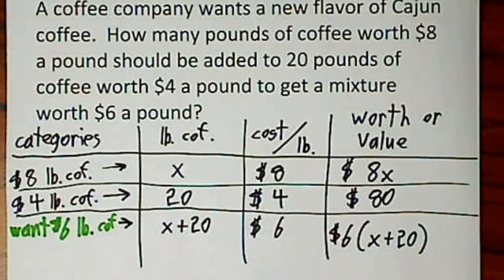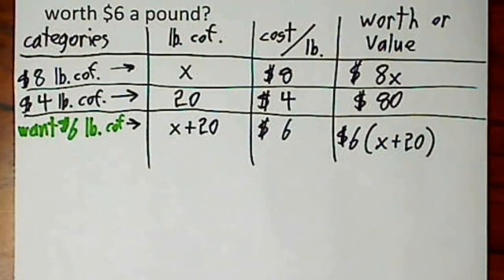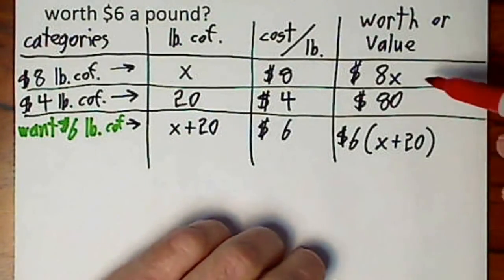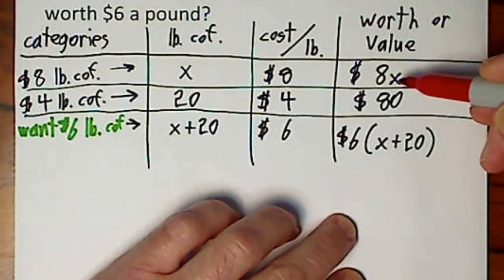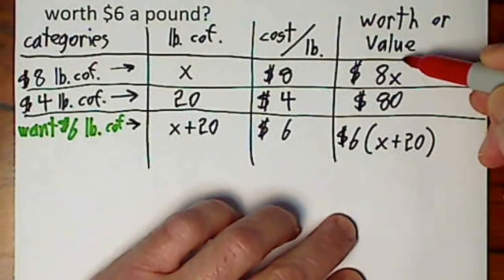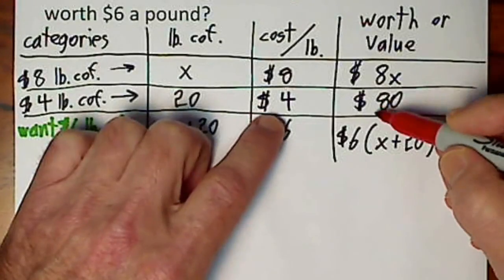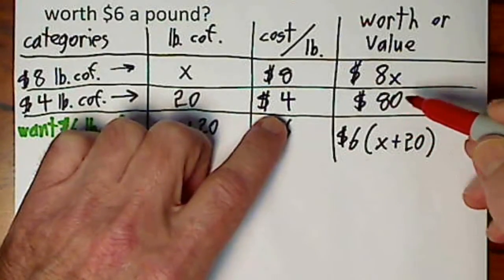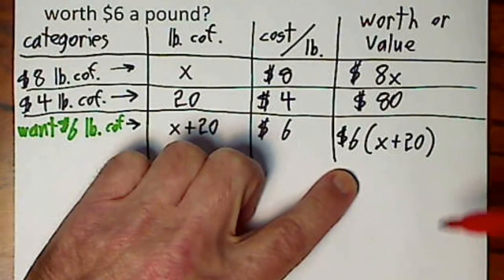Alright, the whole purpose of this chart is to try to organize your thinking on this. Alright, now I'm going to slide this up, give myself a little more room to work. What we're trying to do is set up an algebraic equation, and if we combine this much $8 a pound coffee and this much $4 a pound coffee, we're going to get this much $6 a pound coffee.